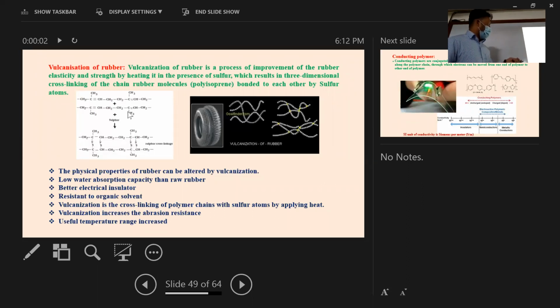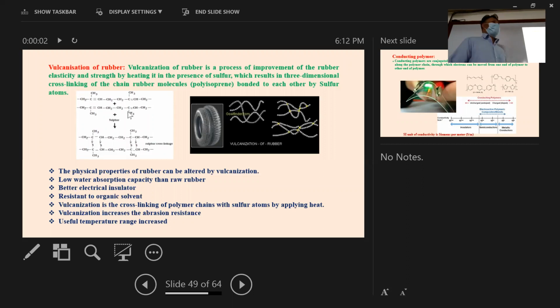It has low water absorption capacity compared to raw rubber, so it will not absorb too much water. It is a better electrical insulator; we can increase the insulating property of the rubber.